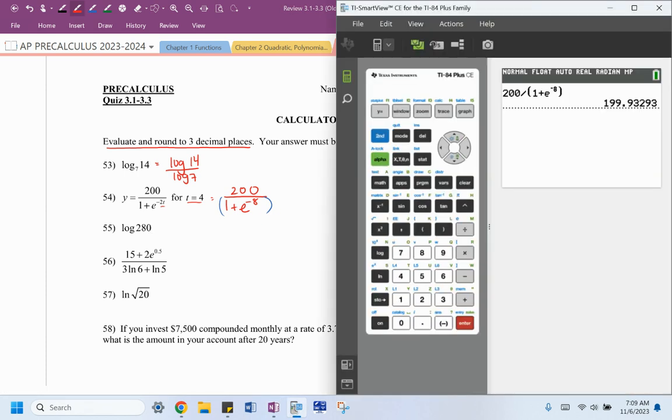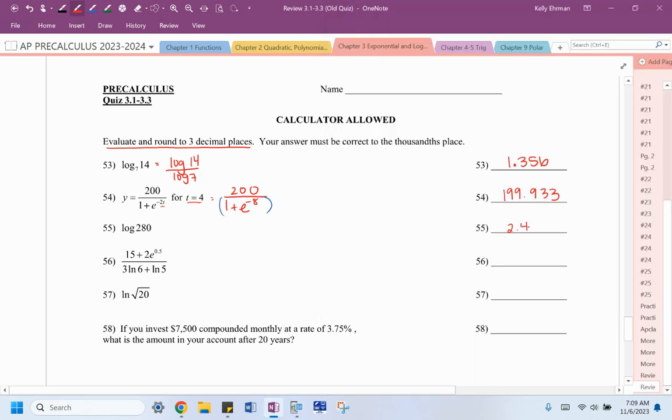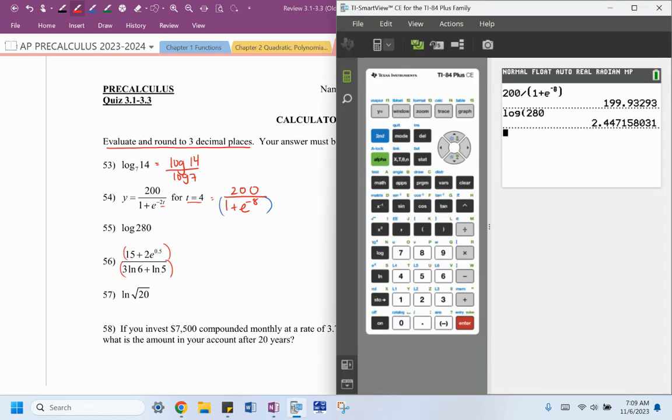Log of 280, there's no change of base needed there. 2.447. This one needs parentheses around everything. 15 plus 2 e to the 0.5, there's the top, divided by 3 ln 6 plus ln 5.